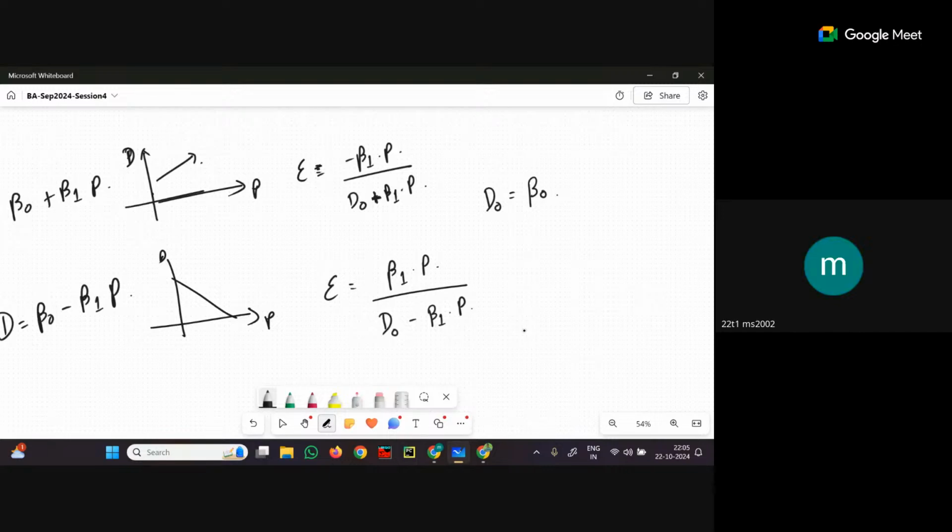Correlation coefficient you will not get for beta 1, you'll get for the model. R squared you will get using the ANOVA table, using SSR by SST. Correct. Which is 1 minus SSE by SST, same thing. So this is how you will get the R squared for the model.